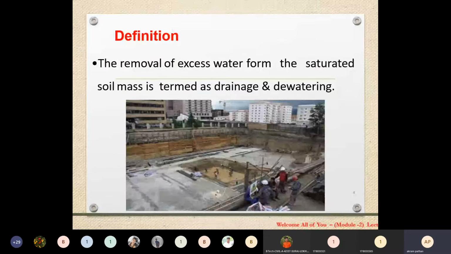So in the last lecture we also covered the definition of dewatering. Whatever excess water you see in this picture, this is the area where we can do the work.